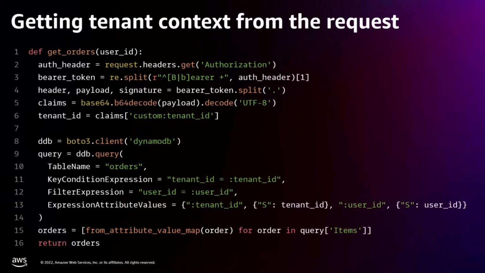Which would mean that when my request hits and I don't have that tenant context, I'd have to go ask some probably other microservice that I wrote, like a tenant context microservice, let's say. Well, guess what? You're going to have to do that every single time you need the tenant ID. And by the end of this morning, you'll understand that you need the tenant ID for everything. And now you've created a microservice that is a single point of failure, and it's a hot spot in your architecture.